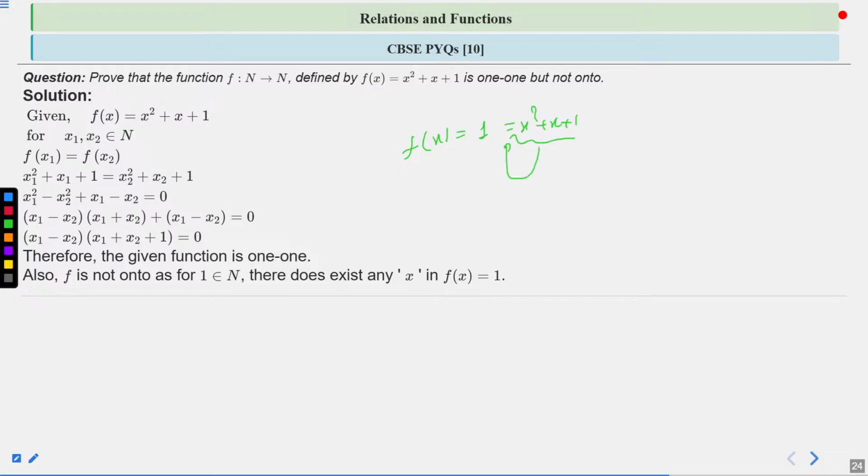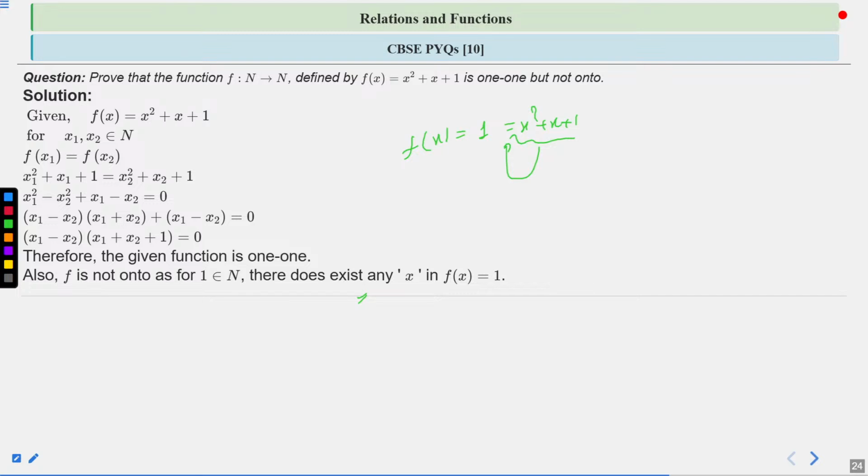No, there is no natural number in the domain which gives the value 1. So there is no pre-image of 1 in the domain set. So codomain will not be equal to range here, and we can say that the function is not onto. Clear? So we have proved that the given function is one-one, but it is not onto.